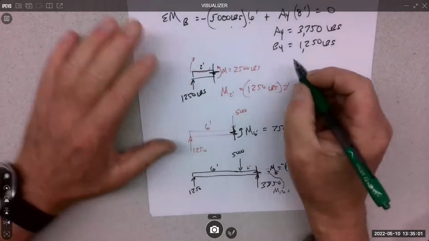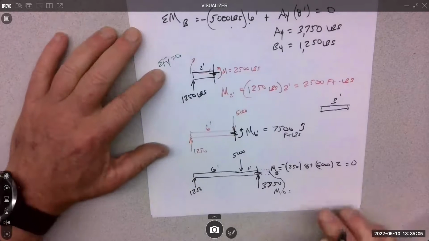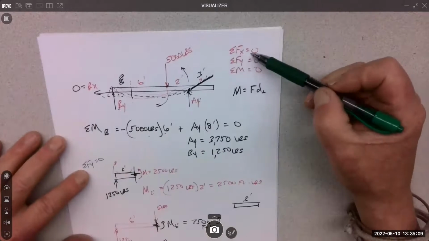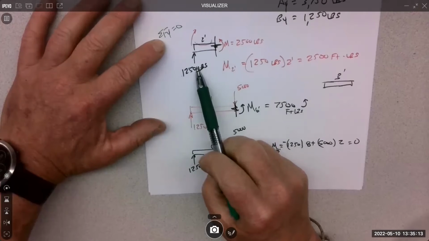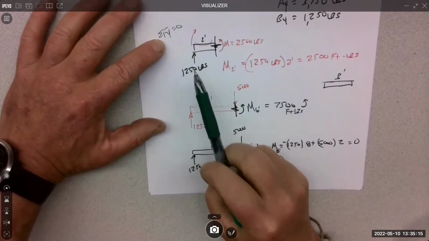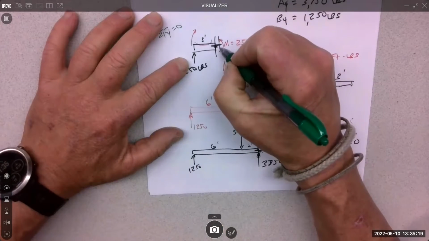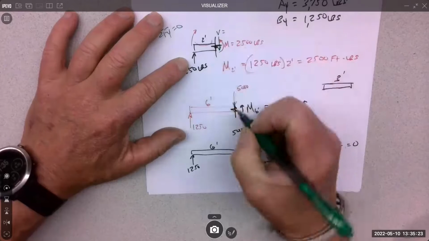Essentially what you do is you say, okay, the sum of the forces in the Y is equal to 0. That's got to be true. There are no X forces, so I'm not going to worry about that, but there is a Y force, right? That Y force is going up at 1250. The internal shear force, which we call V, has to balance that.